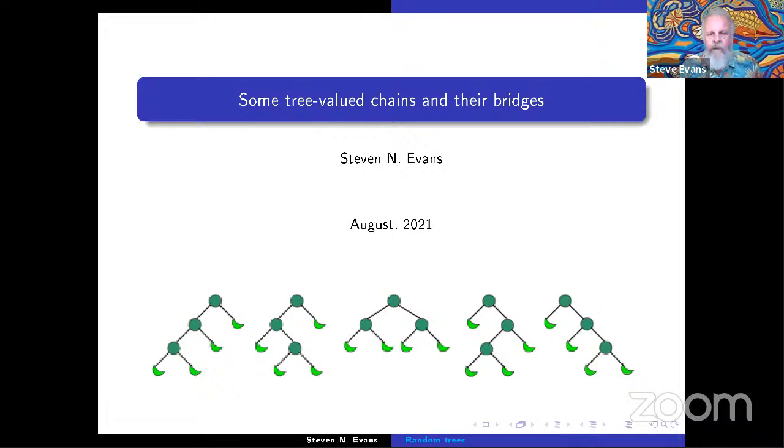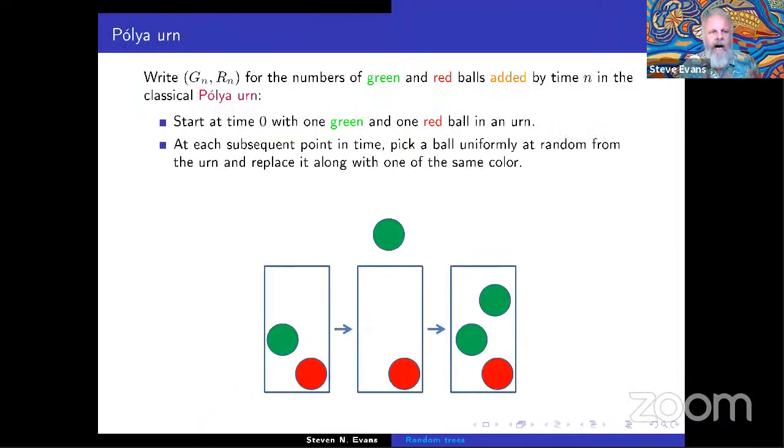Okay, so I'll begin by talking about something that will lead into the idea of bridges and won't involve trees to begin with. It's one of the very basic things that we probably expose our students to early on in a stochastic processes course, and that's the classical Pólya urn.